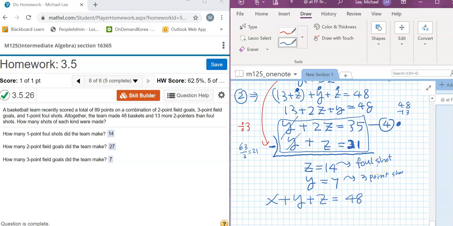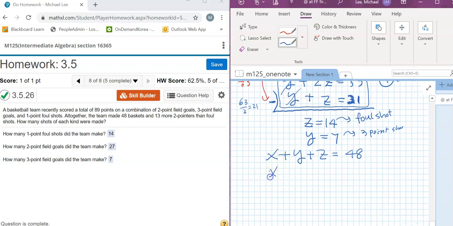We know Y and Z, so X plus 7 plus 14 is 48. So X plus 21 is 48. So X is 48 minus 21, which is 27.